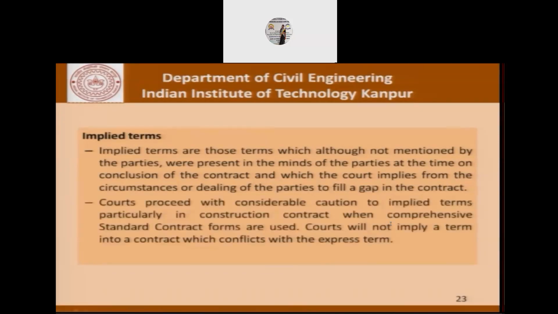Now, courts usually proceed cautiously with implied terms, and where comprehensive standard contract forms are used, it will not imply terms.